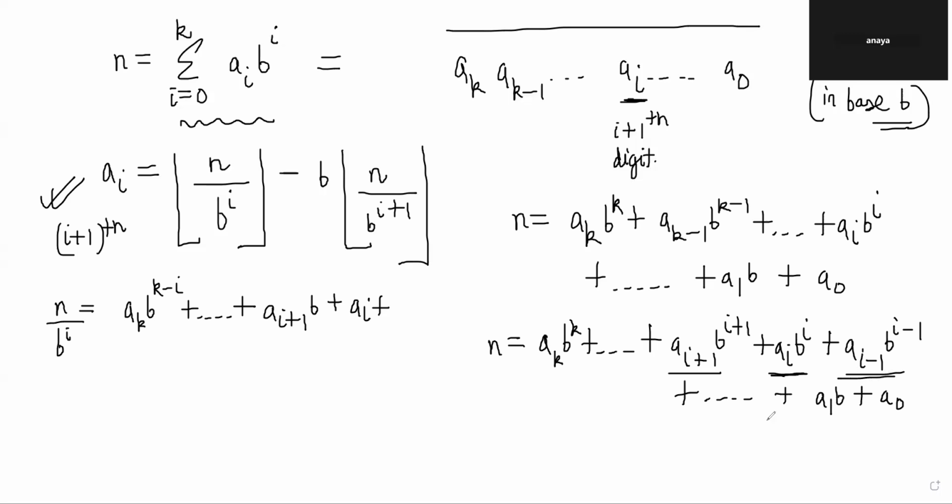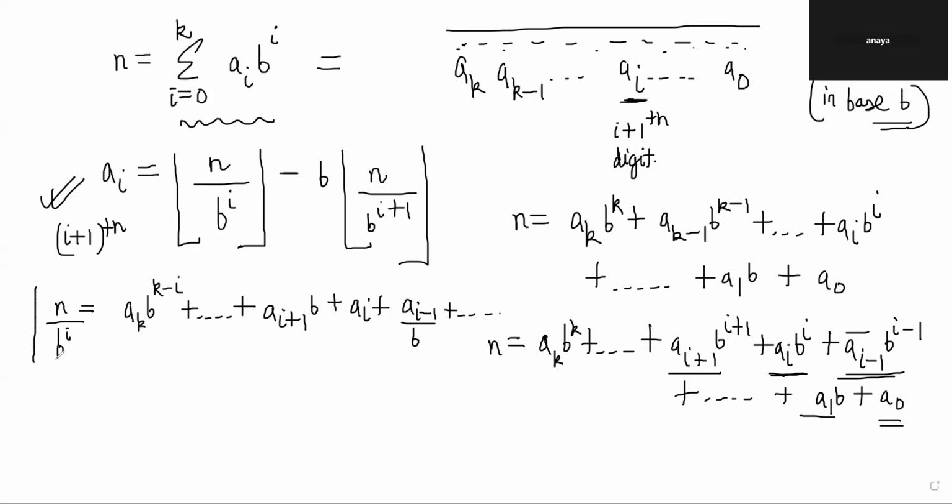After that, all the digits will have b in the denominator. And you should remember that all of these digits are less than b, because it is written in base b. So when you do fractions, it will be a_{i-1} by b and b square and so on.